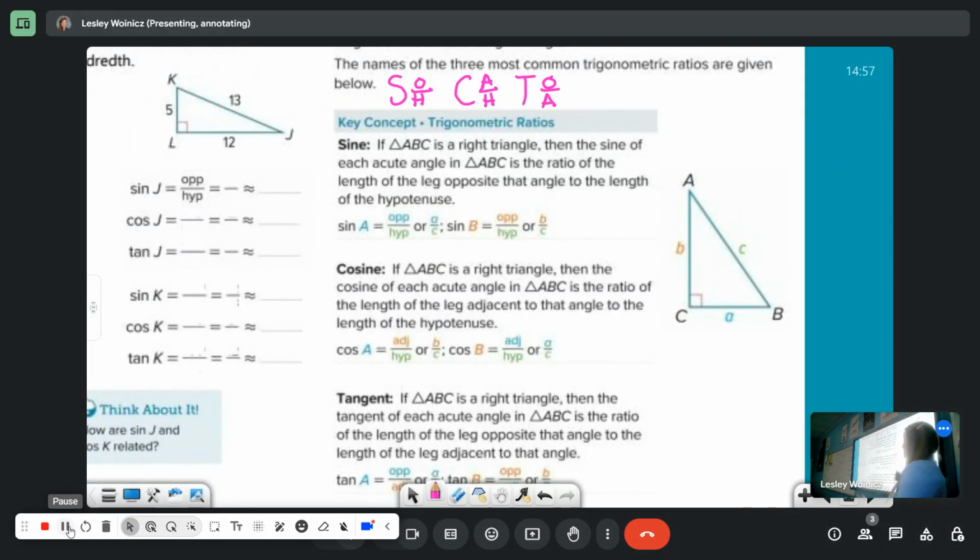Okay, so let's start with angle A. Regardless of which angle I look at, the long side across from the right angle is always the hypotenuse.